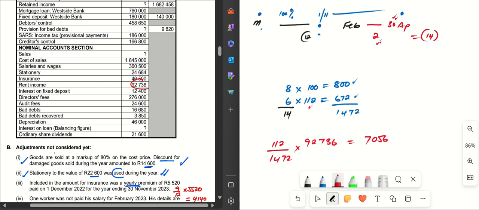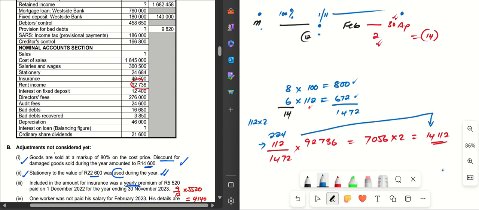And here we have 2 months that we have received rent in advance. So I multiply this by 2, and then it will give me 14,112. Others would have just said 112 multiplied by 2. So others would have used 224, and it would have given them this amount straight on.